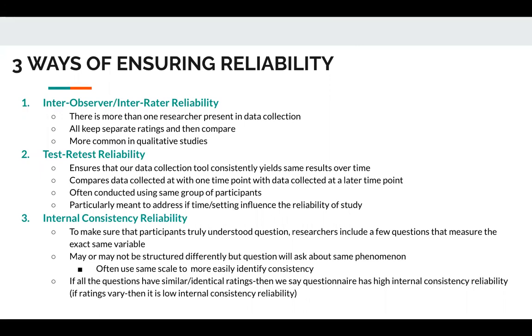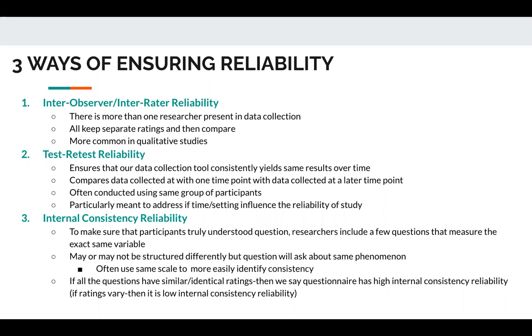There are three ways of doing this that your textbook discusses. The first is called inter-observer, inter-rater reliability. This one is much more common in qualitative studies where you have people doing things like coding interviews or observational notes or case studies. And this is also more common when you have a group of researchers working on your study.